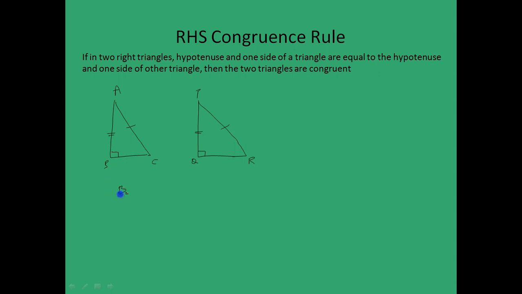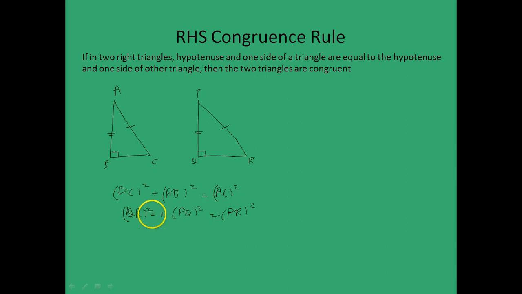So we have BC squared plus AB squared is equal to AC squared. And also for this triangle, QR squared plus PQ squared is equal to PR squared. And we know that AC is equal to PR and AB is equal to PQ.